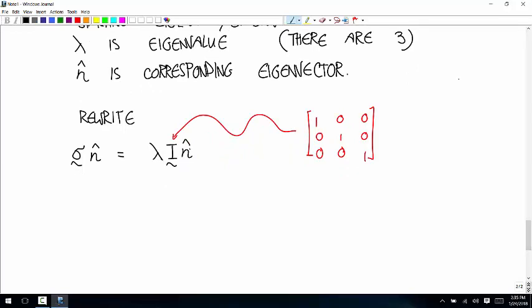Now I'm going to subtract the right side from both sides, and you get sigma n minus lambda I n is equal to 0. Then I'll distribute out the n, and you get sigma minus lambda times the identity matrix times n is equal to 0.